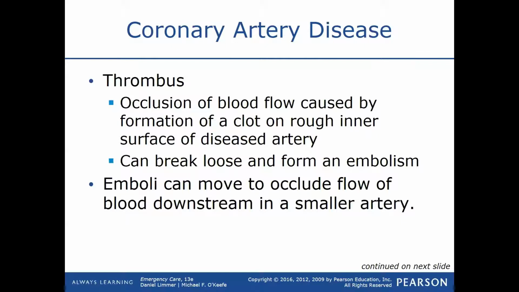All right, so thrombus, occlusion of blood flow caused by formation of a clot on a rough inner surface of diseased artery. I know I've given this example before in the class, but acute coronary syndrome can develop because of coronary artery disease.